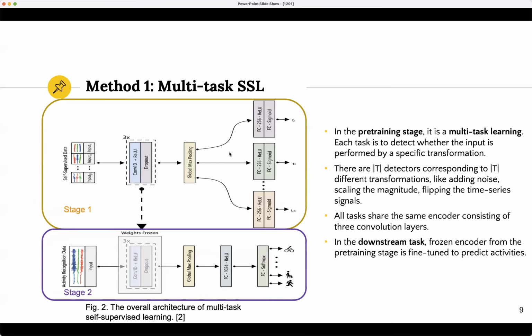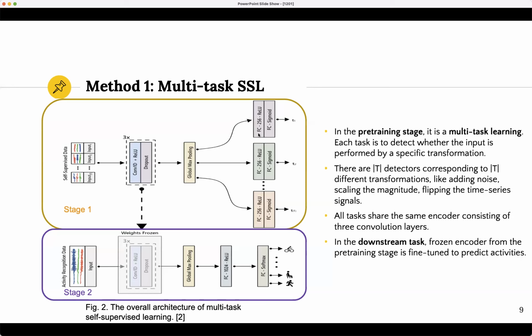The mission of each classifier is to detect whether the input is transformed. So there are totally T detectors corresponding to T different transformations, like you can add some noise, scale the magnitude, or flip the time series signals.